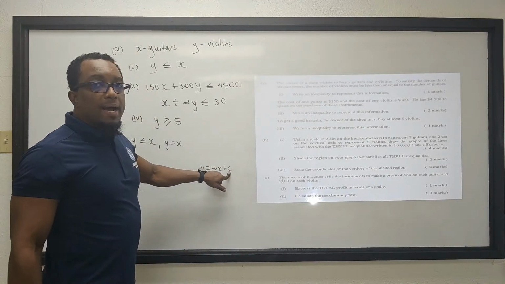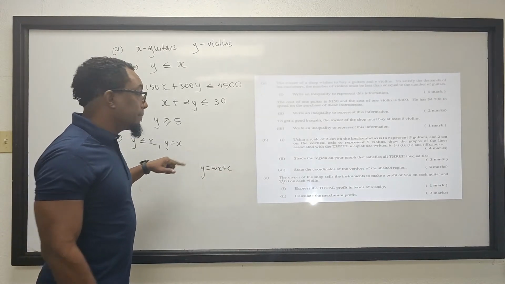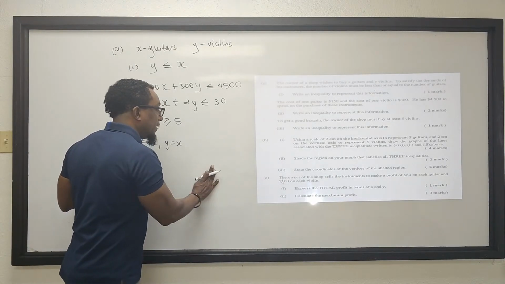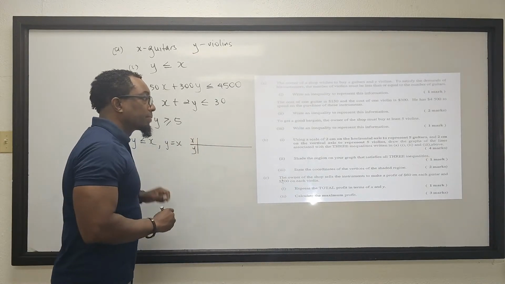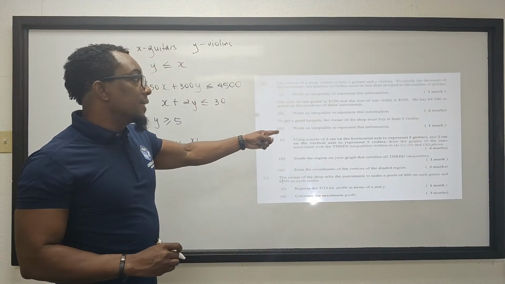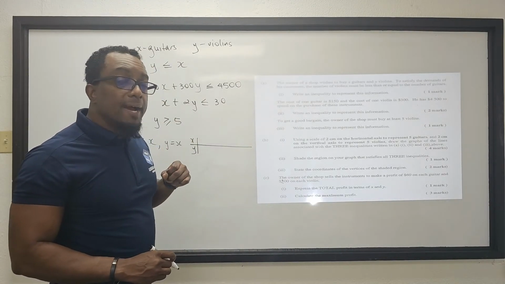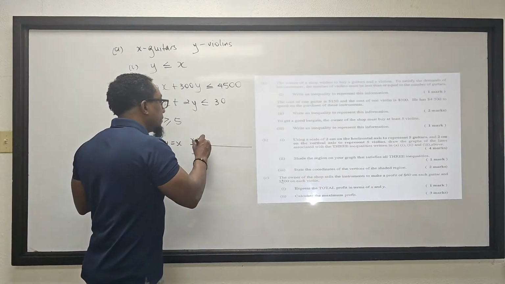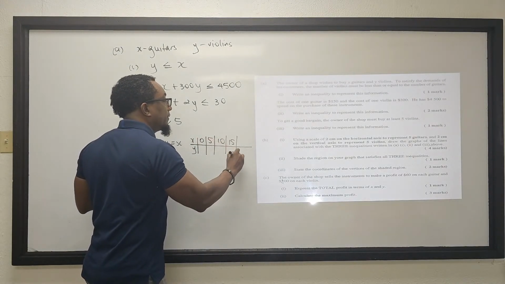And when you have to draw that line, it's going to be a sloping line because it's of this form. But the y-intercept, which is c, is 0, so there's no y-intercept. For us to draw that line, we have to set up a table. And the x coordinates, using a scale of 2 centimeters on the horizontal axis to represent 5 guitars, we're going to start with 0, 5, 10, 15, 20.